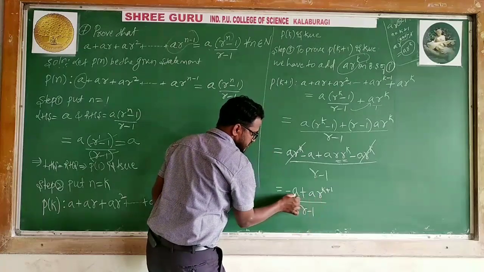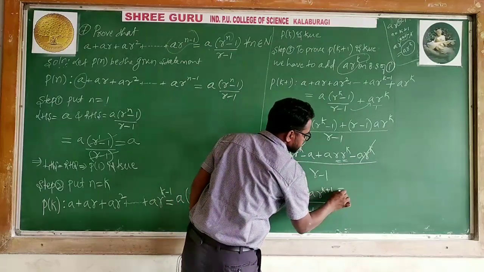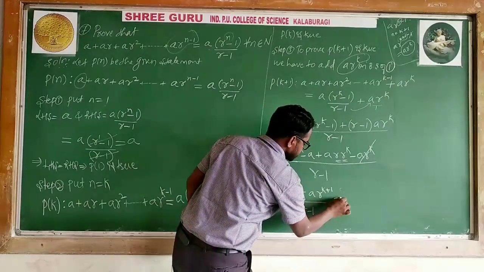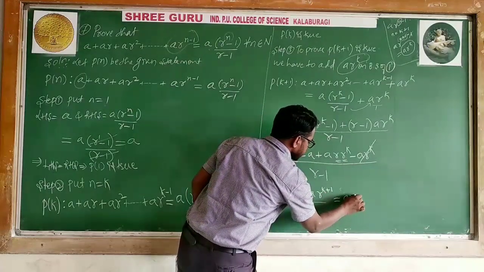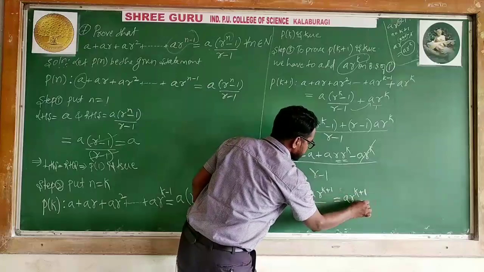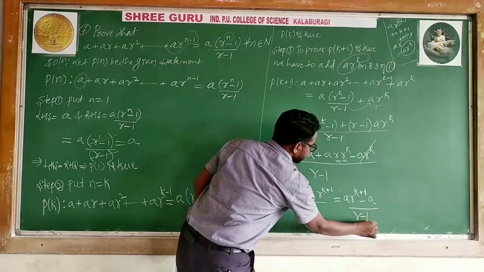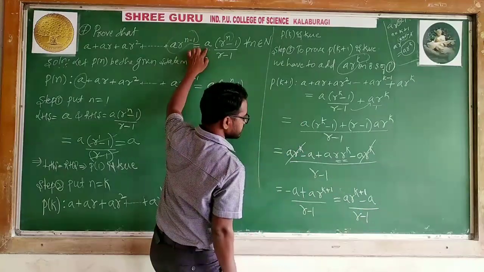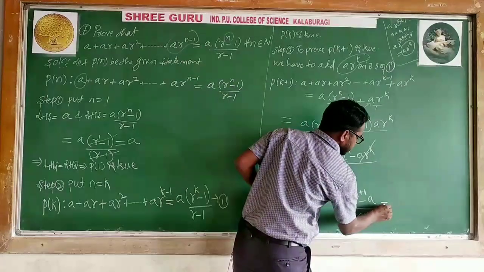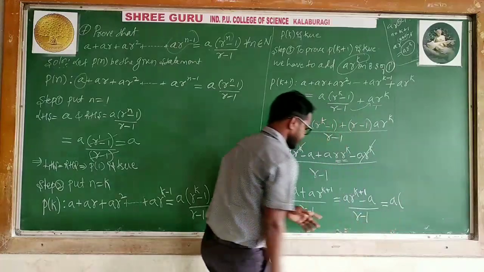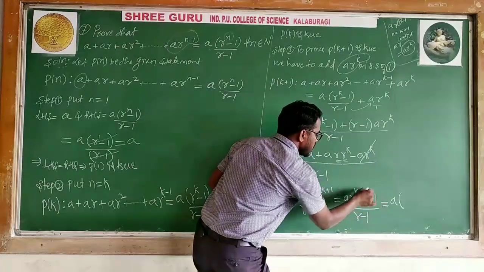This I can write first, this I will take second. So what will I express? A R to the power k plus 1 minus A, divided by R minus 1. Actually I need A outside, so I can take A common. I took A common. What remains?